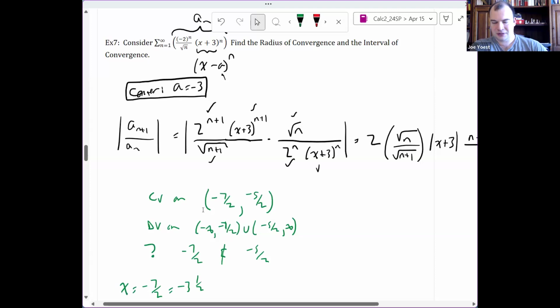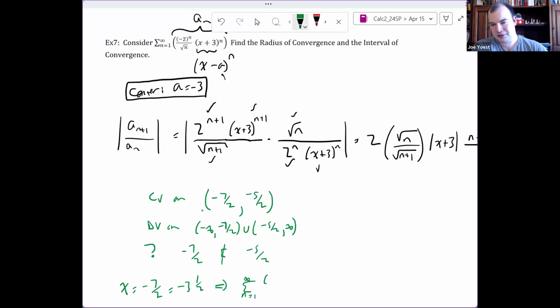Can I get all of this on the screen? So I'm looking at the series sum n equals 1 to infinity of -2 to the n, being careful to keep that negative sign here. That's important at this point. I just got rid of it for that ratio test calculation. Over root n times, well, negative 3.5 plus 3 is negative 1/2 to the n.